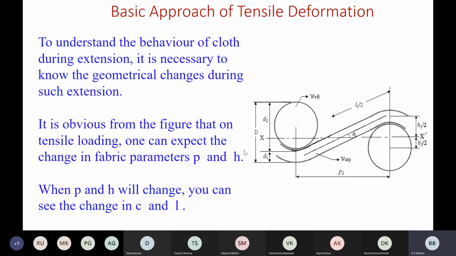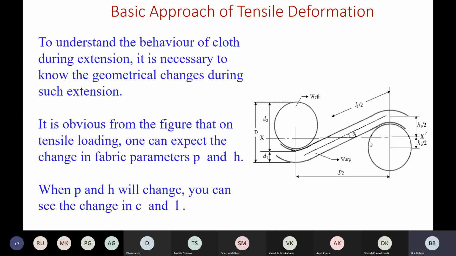As we said, when the fabric is extended, there will be inter-yarn pressure. Inter-yarn pressure will cause flattening of the yarn cross section. Flattening of yarn cross section means change in thickness. Change in thickness is nothing but H1 plus D1, H2 plus D2. That means H value will change because of the change of the diameter of yarn.